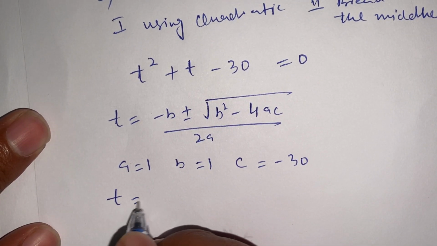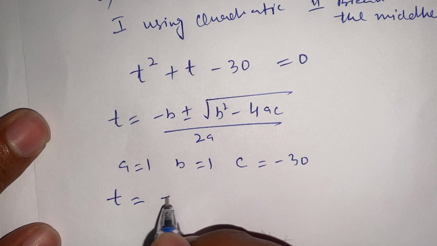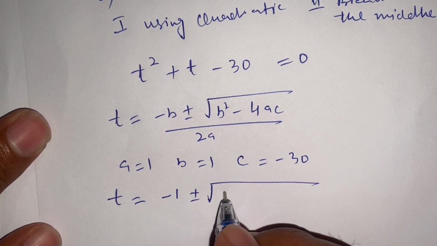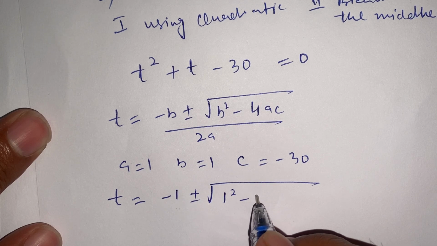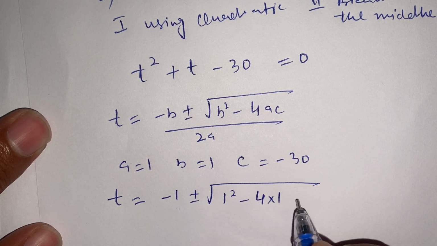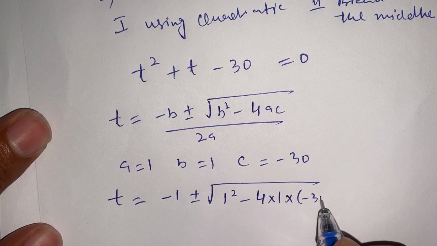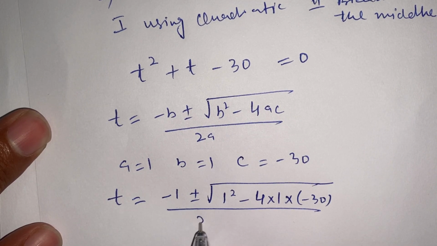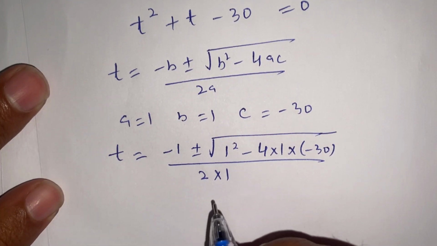Thus t is equal to minus b, that means minus of 1, plus minus square root of b square, that means 1 square, minus 4ac, that means 4 times 1 times minus 30, divided by 2a, that means 2 times 1.